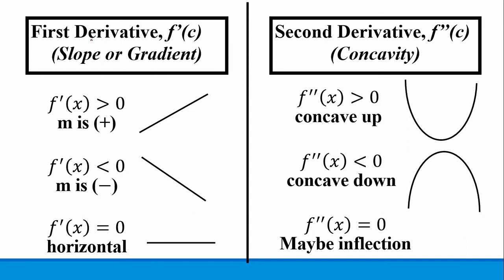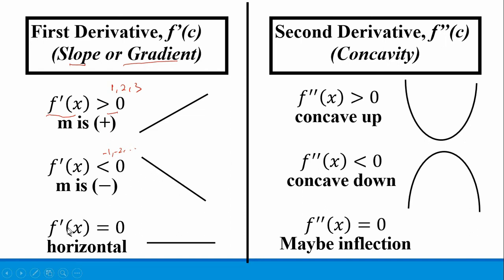The first derivative is also known as the slope, or the gradient, which is the slope of the tangent. If f prime of x is greater than 0, meaning 1, 2, 3, then the gradient is positive. Since it is a linear graph, the pattern is positive. If f prime of x is less than 0, meaning -1, -2, then the gradient is negative, so the linear graph pattern will be like this.